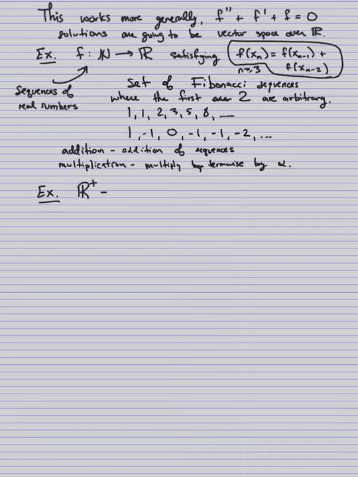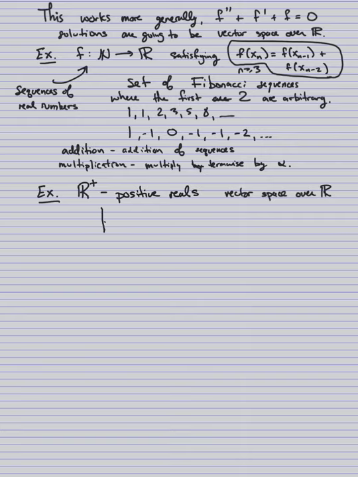This is either too many examples or still not enough examples. Okay, so here we're going to take the set to be the positive real numbers. And it turns out this is a vector space over the real numbers.